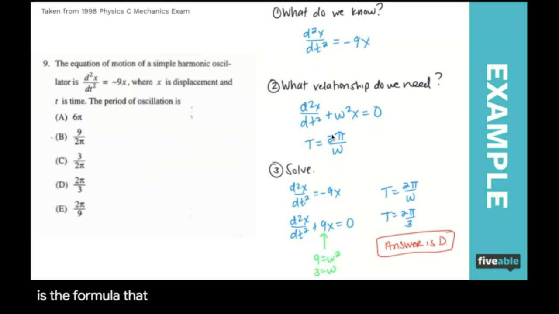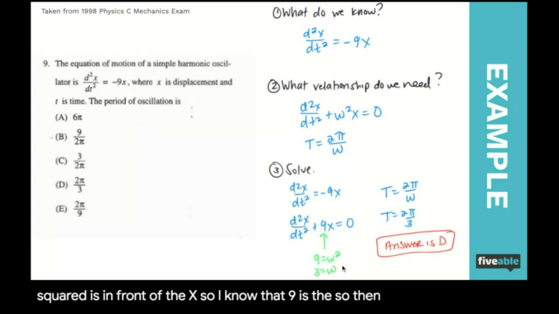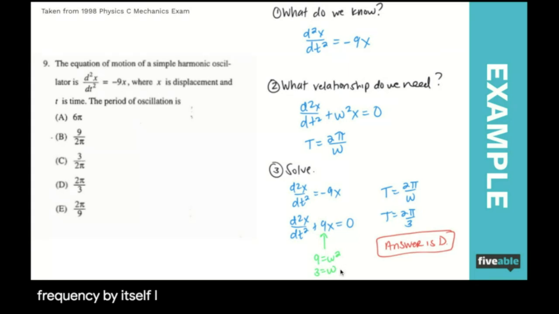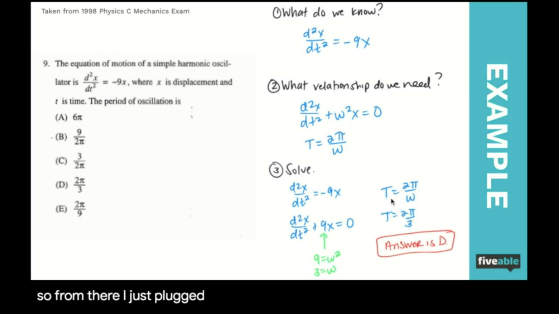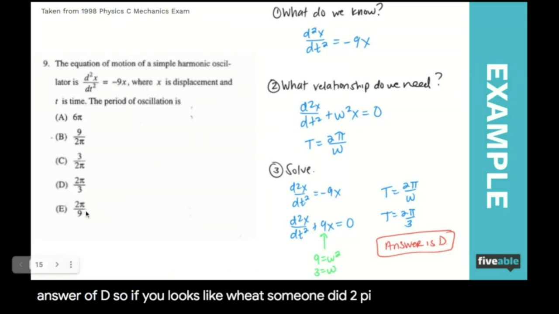The general formula says that the angular frequency squared is in front of the x. So I know that 9 is the angular frequency squared. To find the angular frequency by itself, I just take the square root, and the square root of 9 is 3. From there, I just plugged into my period formula to get 2 pi over 3 and my answer of D. It looks like someone did 2 pi over 9.